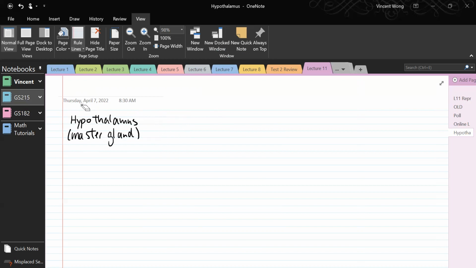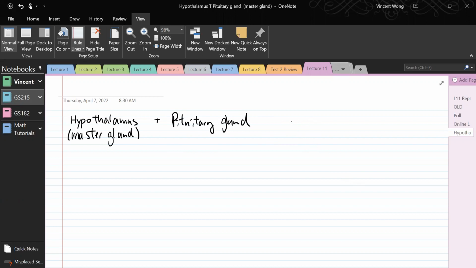Closely related to the function of the hypothalamus, and also playing a role in the homeostasis process, is the pituitary gland. Okay, so let's take a look at the relationship between these two things before we talk about the menstrual cycle.